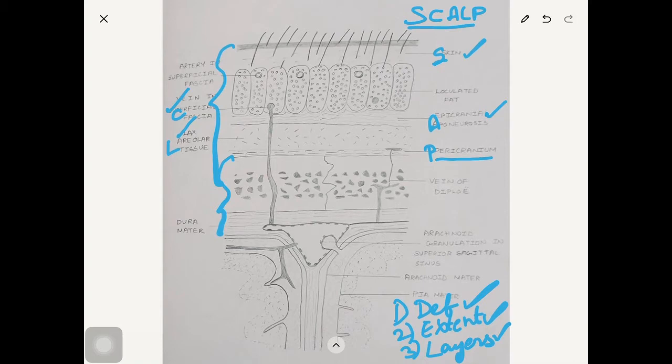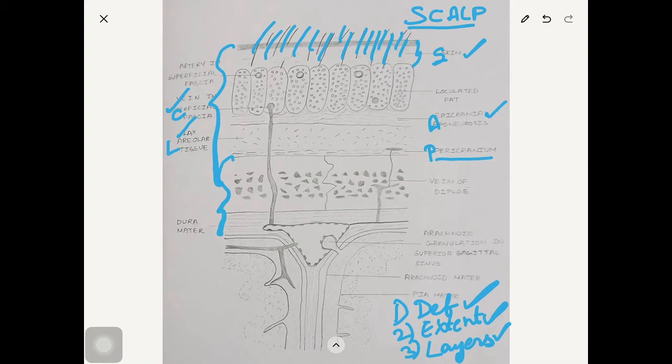The skin of the scalp is thick and contains abundant hair follicles and sebaceous glands. So it is the layer which is prone to bacterial infections, fungal infections, and also sebaceous cysts. That's the applied importance of the scalp.